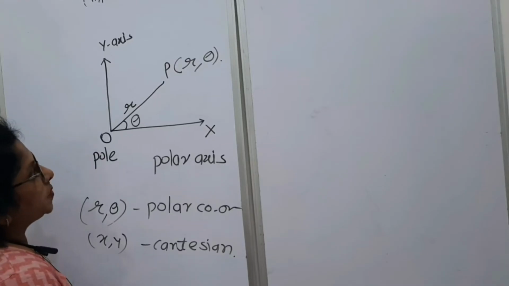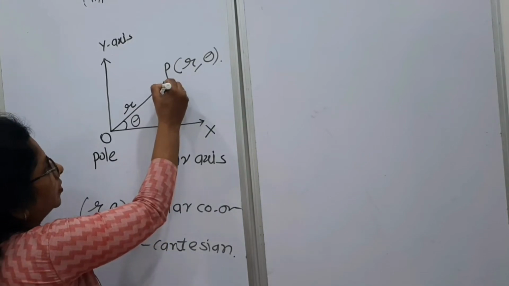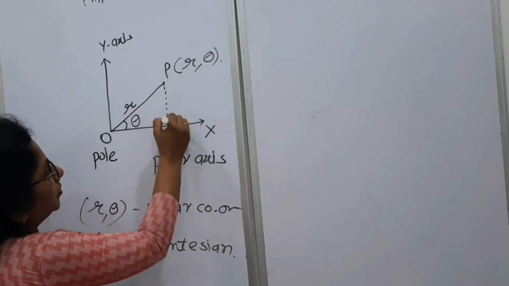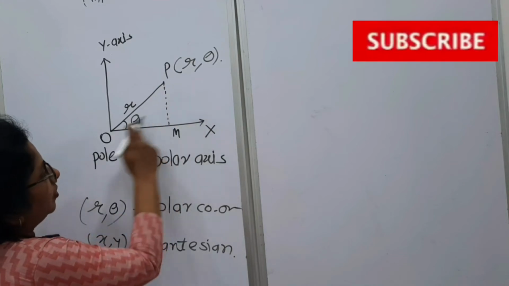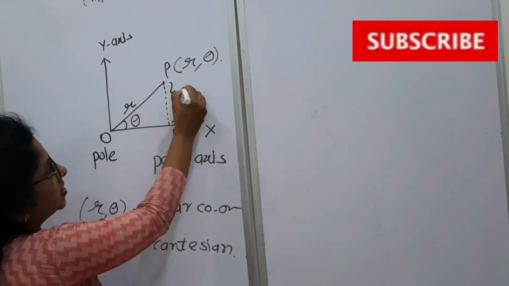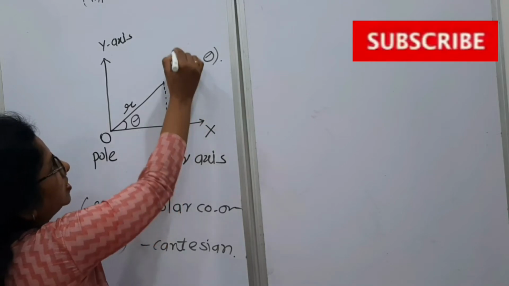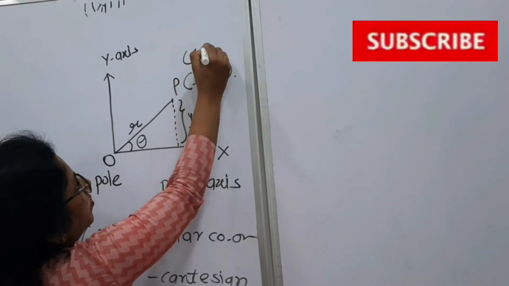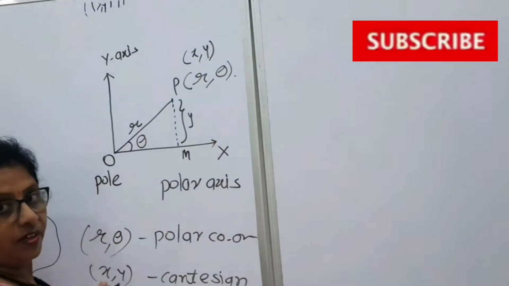Now, in this figure only, we draw a perpendicular PM on the x-axis. Then this distance, we know the distance is y, because the Cartesian coordinates of this point P are x, y if we consider.